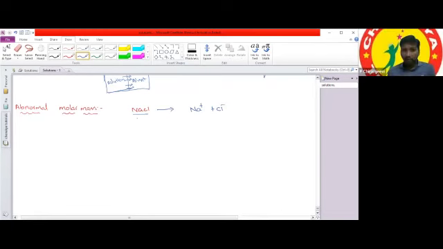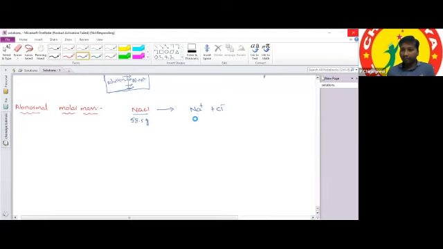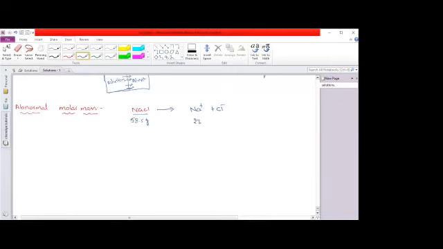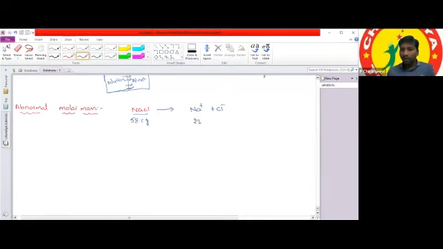Very good, Aditi. What is the atomic mass of the sodium in this one? Sodium mass is 23 and chlorine is 35.5. So sodium ionic mass is 23 and chloride mass is 35.5 grams. Now, before dissociation, what is the mass of the sodium chloride?